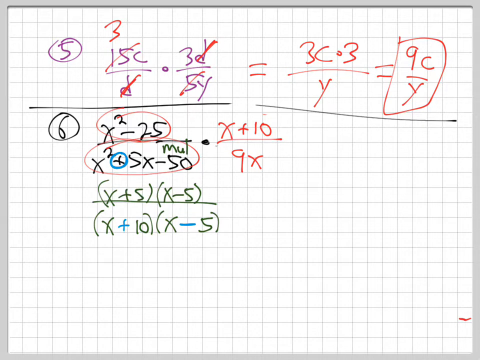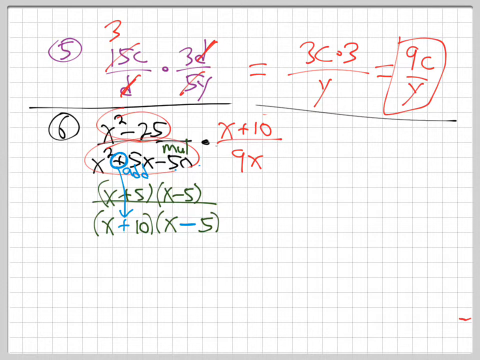Remember, the bigger number always gets the sign in the middle. The smaller number can go either way, right? Plus or minus. But the bigger number always takes the sign in the middle. And plus 10 minus 5 adds, remember the middle's all about adding, to be plus 5 in the middle, doesn't it? And they do multiply to be minus 50. So that's good factoring. All right.